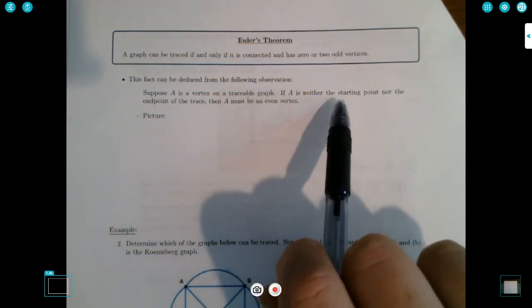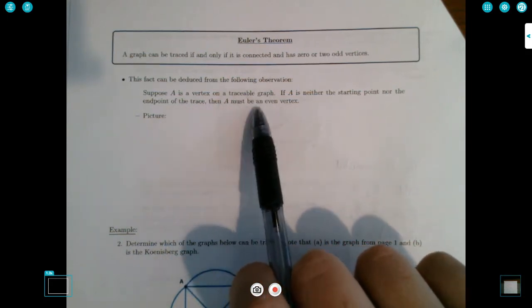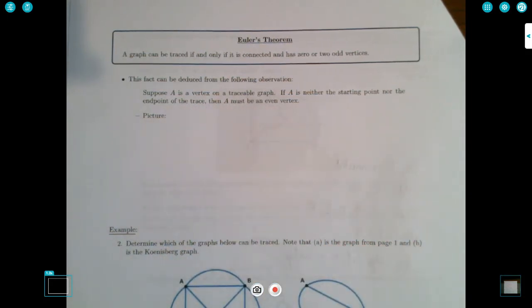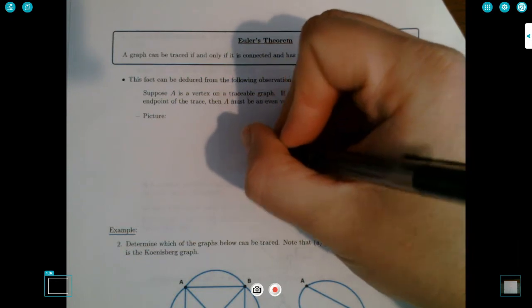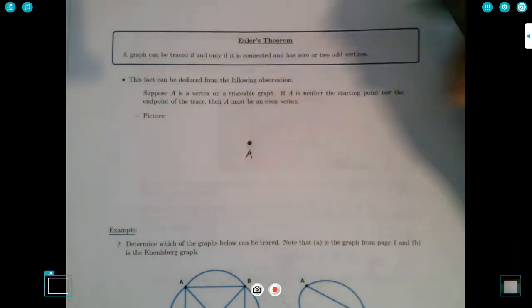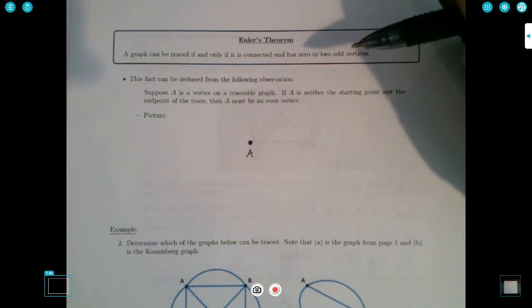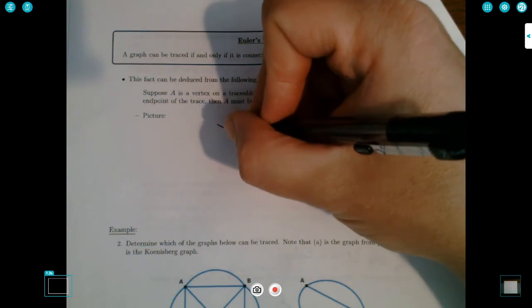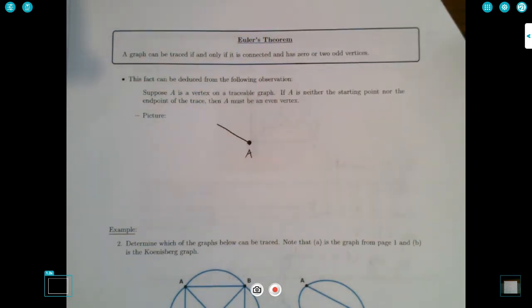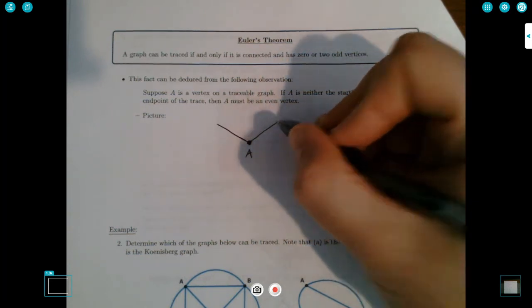If A is neither the starting point nor the end point of the trace, then A must be an even vertex. Okay, why? Well, because we know that the graph that A is a vertex on is a traceable graph, which means that once you arrive at A via some edge, there has to be another edge that would allow you to escape, right?